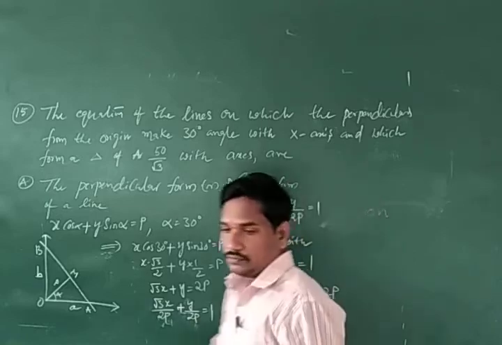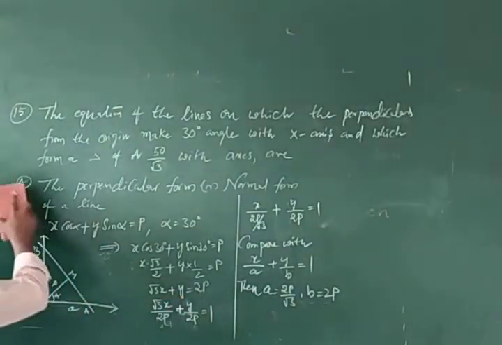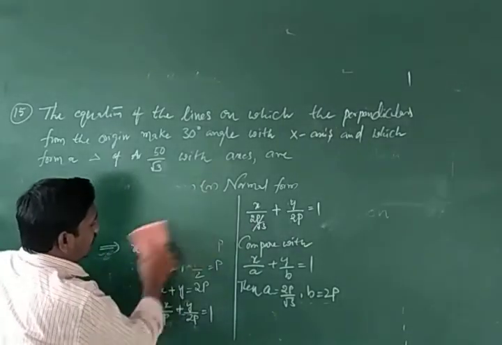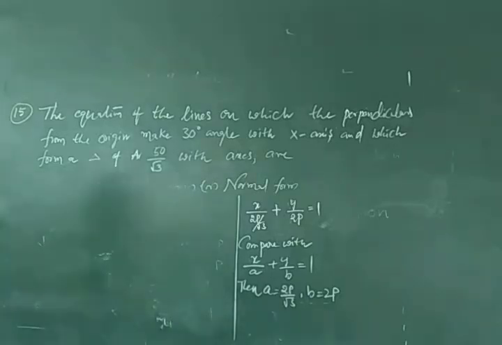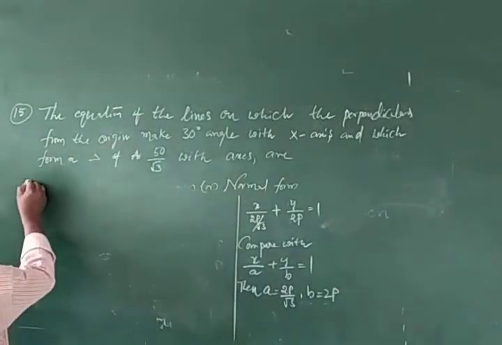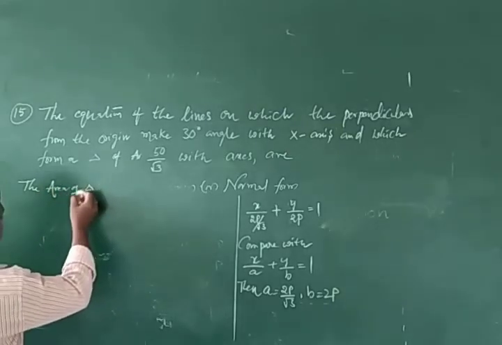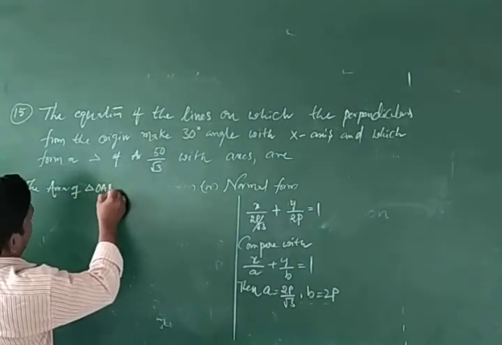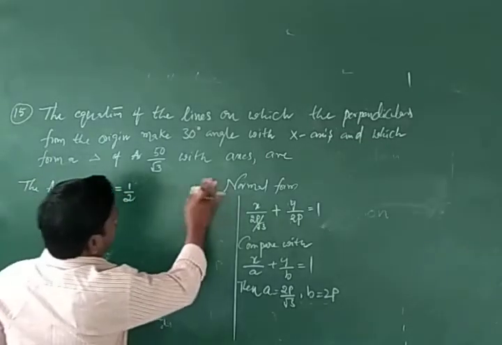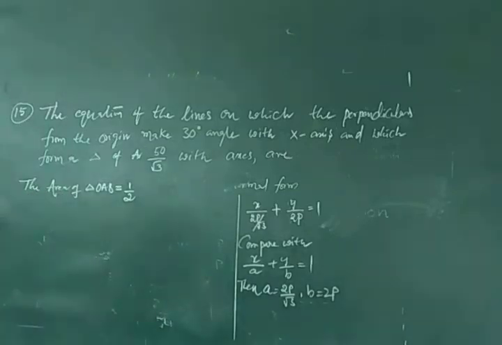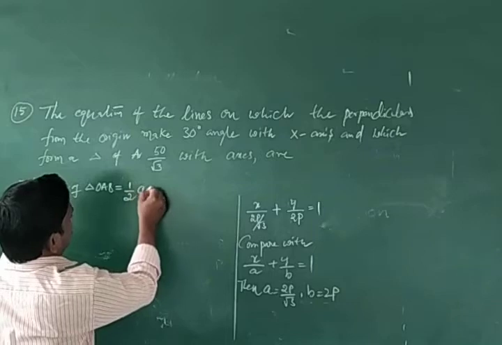Now the area of triangle OAB equal to half into a into b.